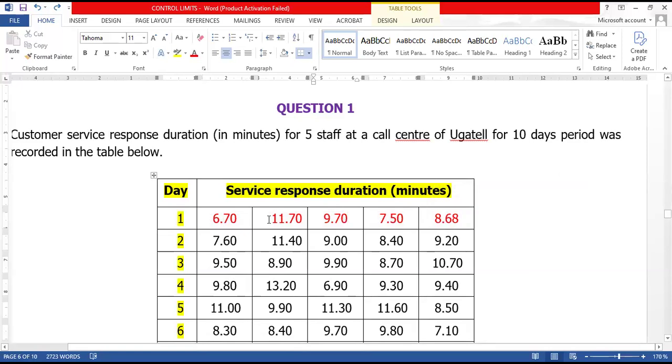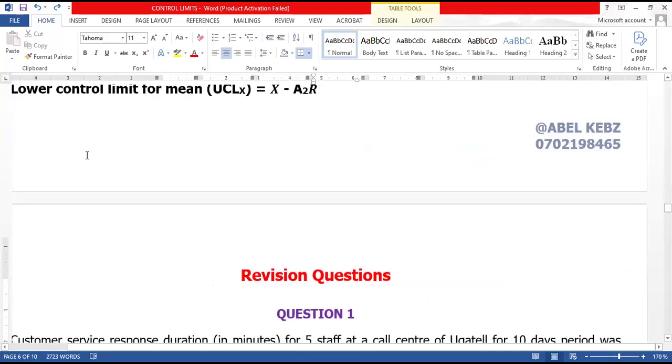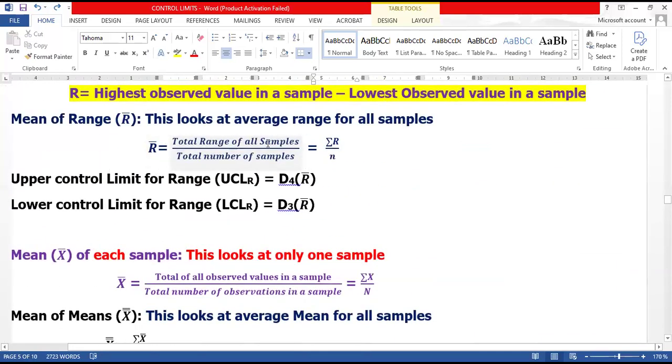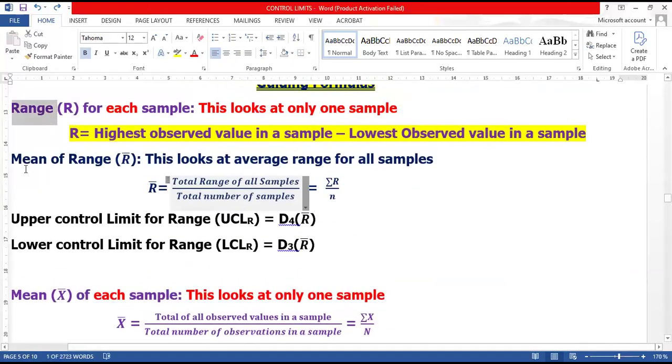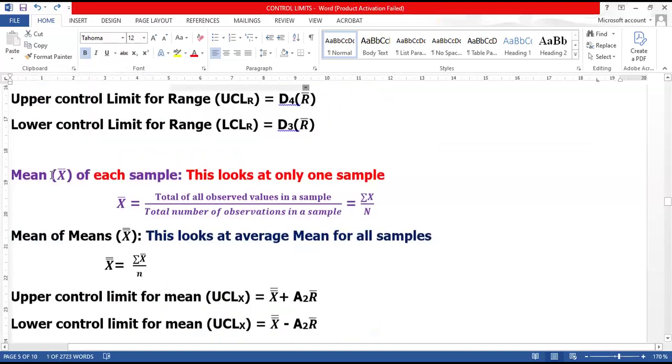That's how you get the mean. So you need to know what your sample is and what your observation is. Each sample you look for the range, then after getting the range, you get the mean of the range, as we are going to see.